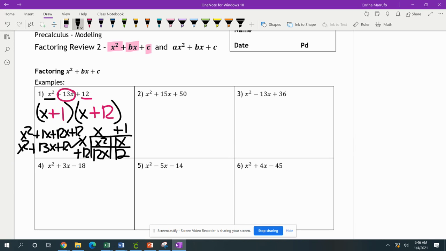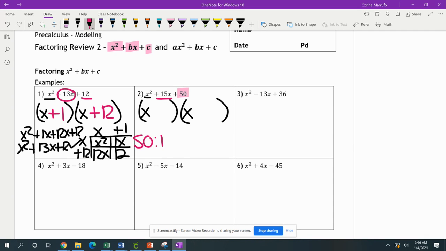Now, I'm not going to check every single one, but that's just to give you an example of how you would check it. So the next one, we have x squared plus 15x plus 50. So we do the same thing. We set our 2 sets of parentheses, and x times x gives us x squared. And then we have 50. So we're looking for what 2 numbers multiply to give us 50, and then we're going to see which ones add up to 15.